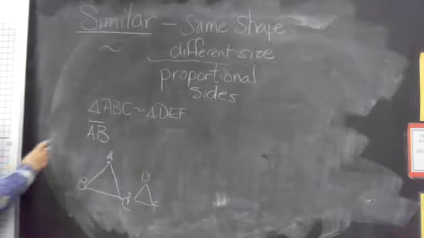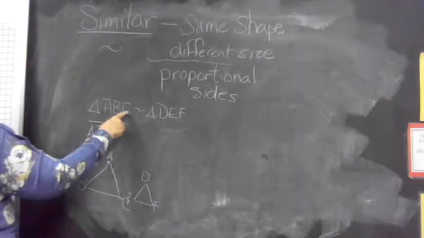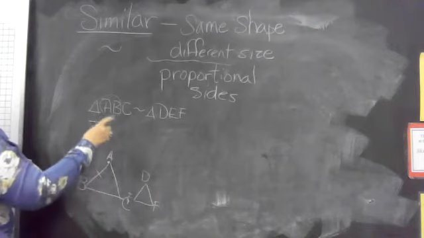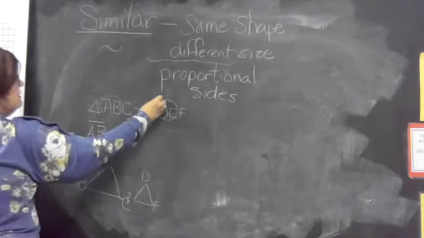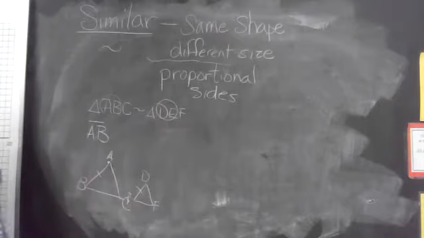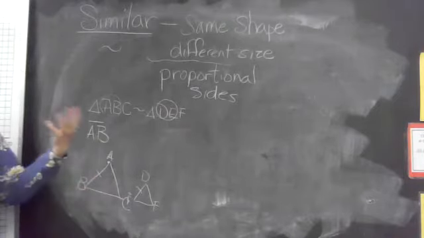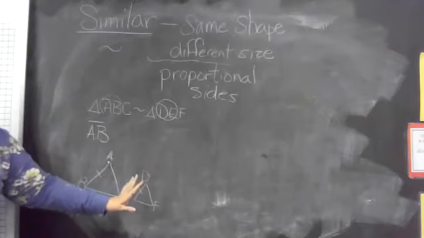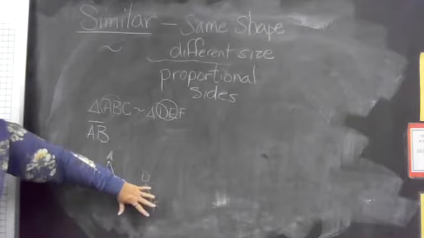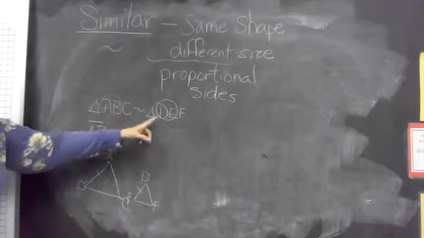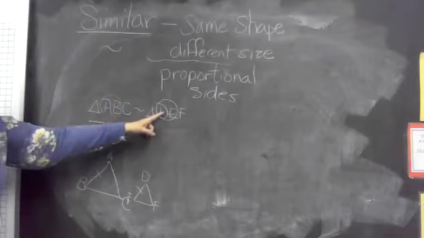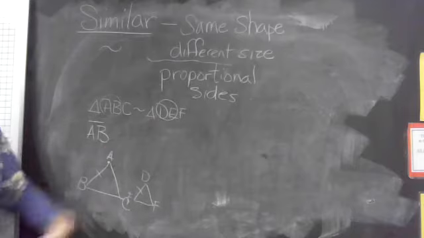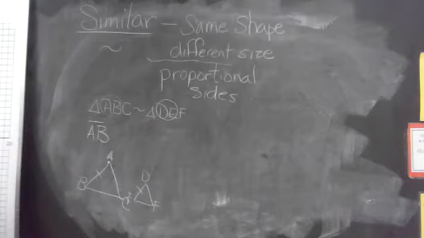If you write the letters in this order, it means that side AB is proportional to DE. You have to do them in that order because sometimes they're not going to give you, even today, they're not going to give you triangles that are all faced the same way. This one might be turned a little bit. So you need to pay attention to this. It tells you which ones are proportional to each other. Just listen. I'll pull it together in a minute.